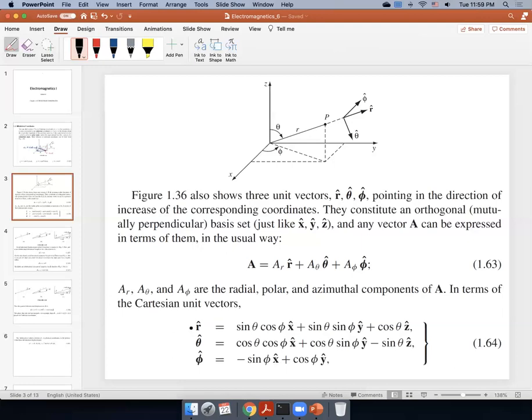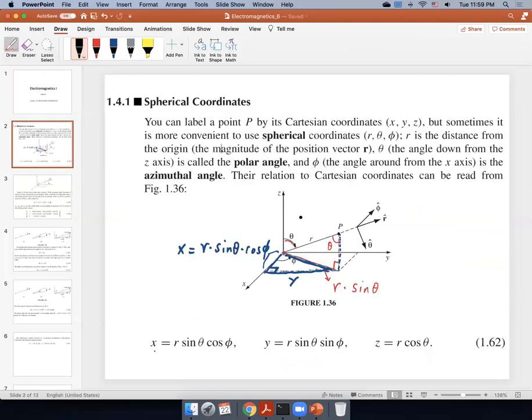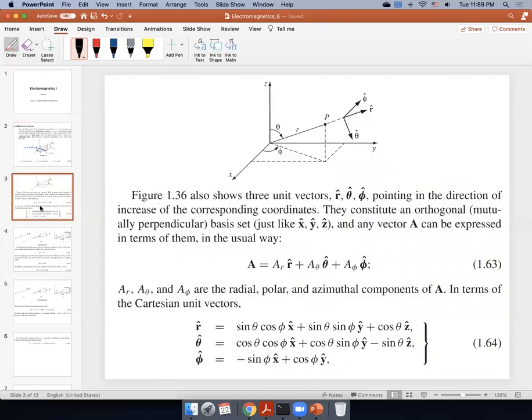Again, if you want to describe the r, theta, phi unit vectors by using the x, y, z unit vectors, you need to draw some pictures and do some trigonometry. So finally, you will get those equations. Here, we just gave the conclusion. You can remember these conclusions, or when you need to use them, you can just refer to the textbook.